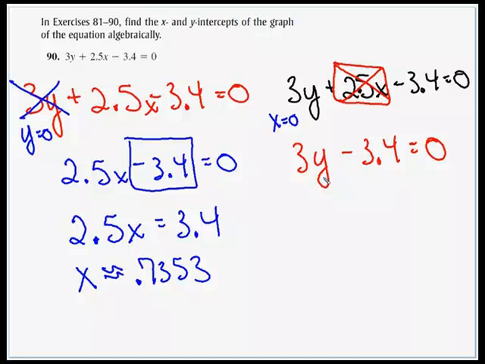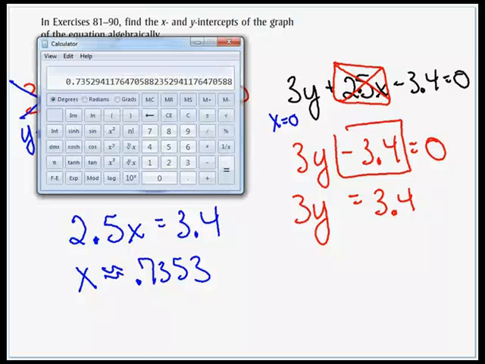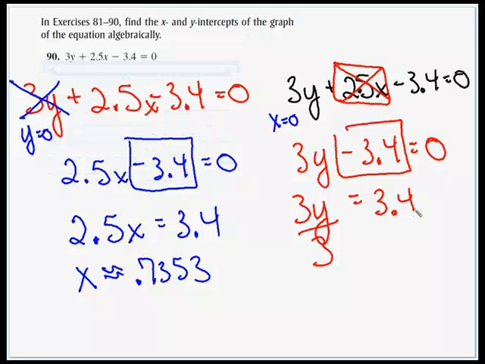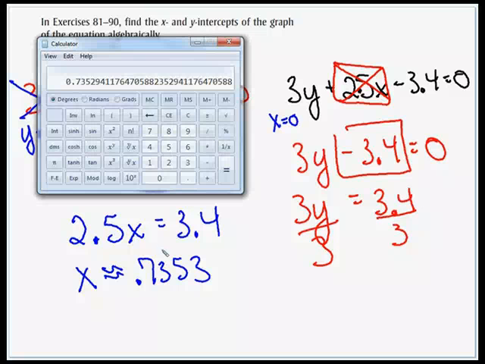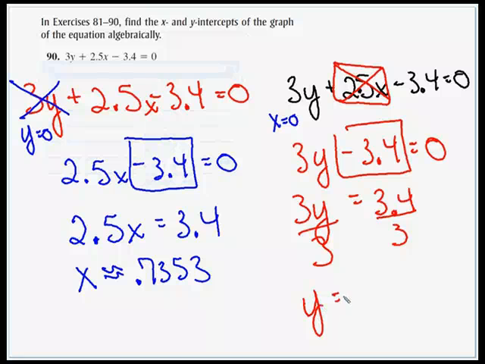And then we got to finish off this equation here for the y variable, 3y. I'm going to add 3.4 to each side here, so I get my 3.4. And then I want to divide by 3. 3.4 divided by 3 is 1.13 repeating. So y equals 1.133, and we'll put the little bar on there for repeating.